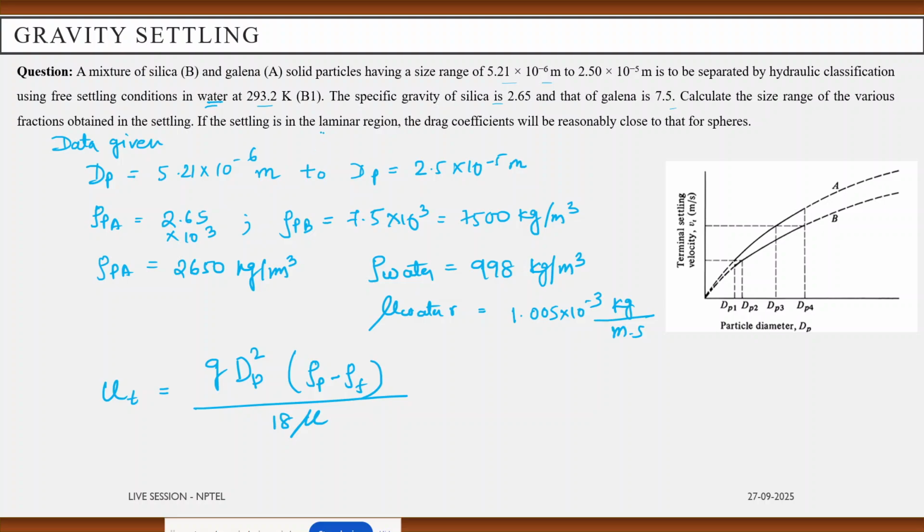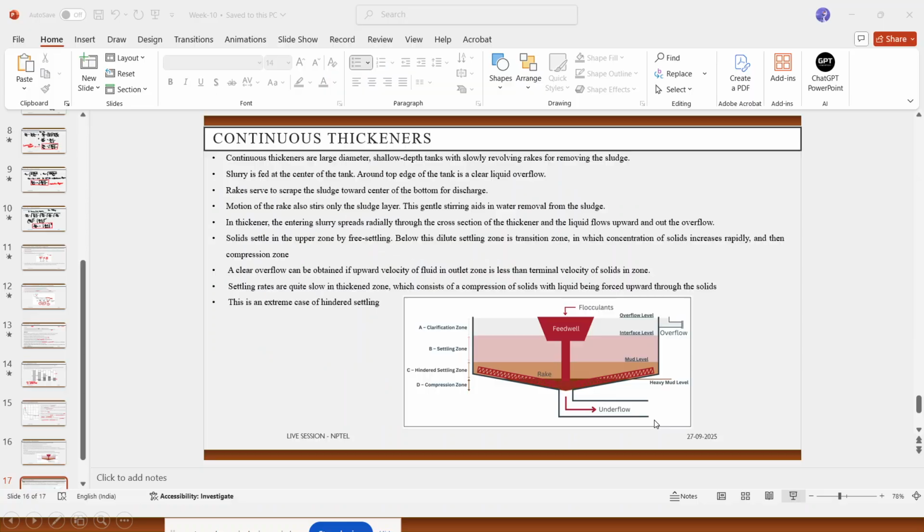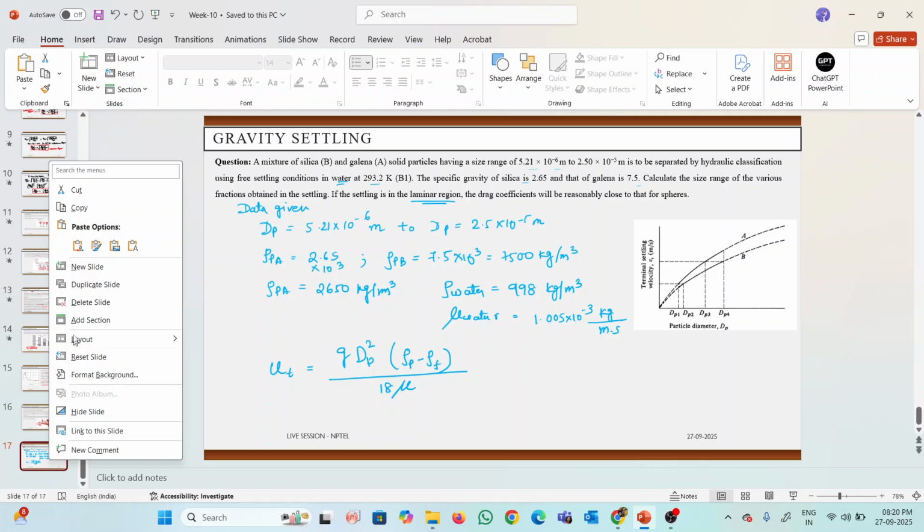It has been told that you have to check if it is in the laminar region. So we will calculate first the terminal settling velocity, then we will check whether it is the laminar region or not.